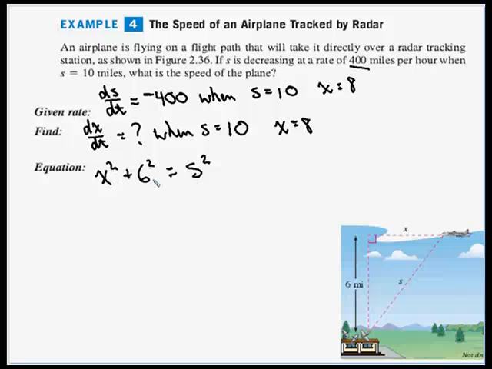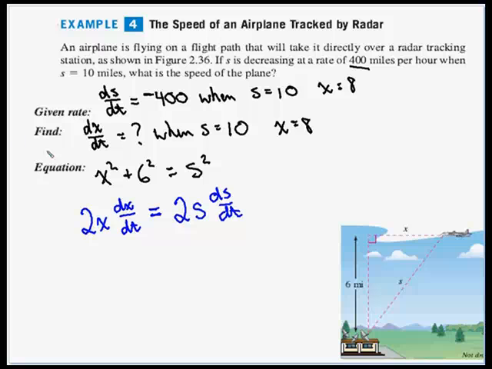Now we want to take the derivative of this with respect to time. So x squared we derive and get 2x dx/dt. The plus 6 squared is just 36, and the derivative of a constant is 0. So this is equal to the derivative of s squared, which is 2s ds/dt.